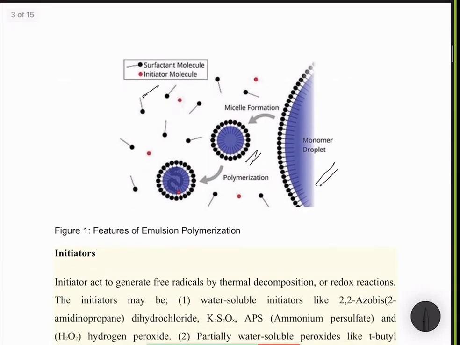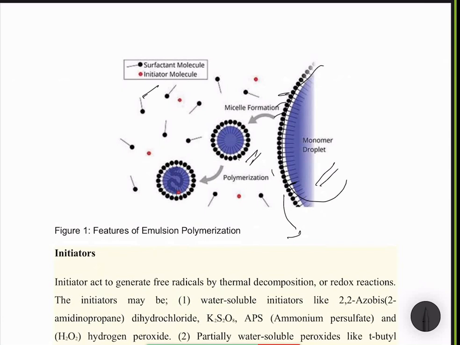And here you can see the picture. You have these large monomer droplets, stabilized by these surfactant molecules. The surfactant molecules are these black spheres. These are the polar heads, and these are the non-polar tails, and this is what we call a micelle.